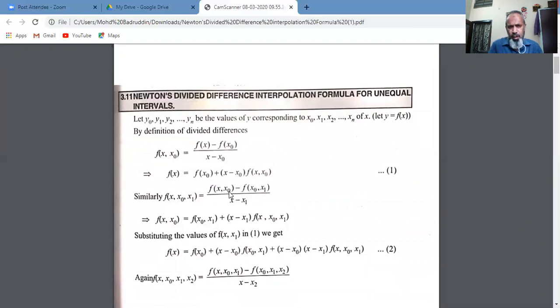Here x1, x0 are the constants, arguments. So this value, f(x, x0), we have to substitute in equation 1.